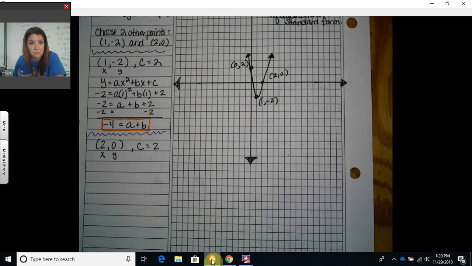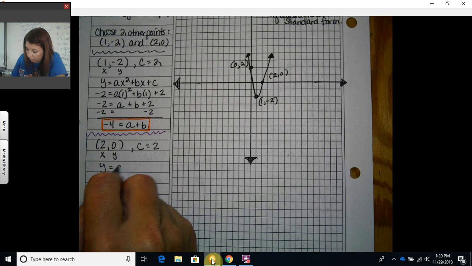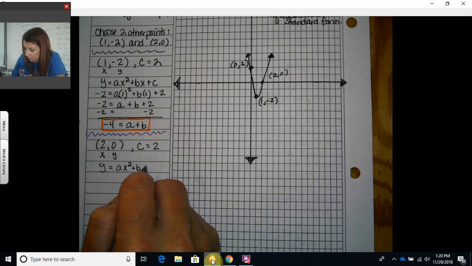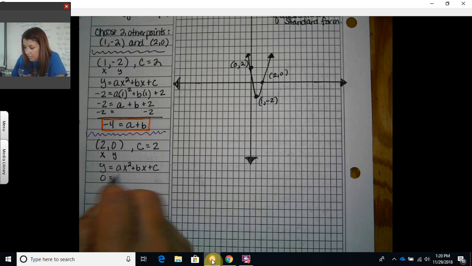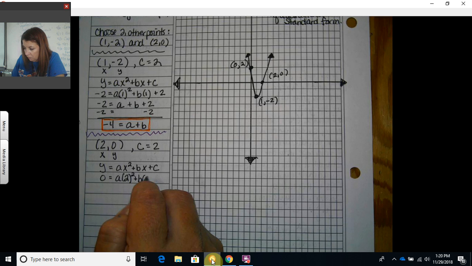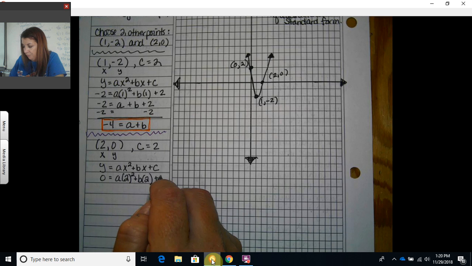And I'm going to do the same thing I did above. Except this time, for y, I'll substitute in a 0. And for x, I'll substitute in a 2. And c is the same, still 2.